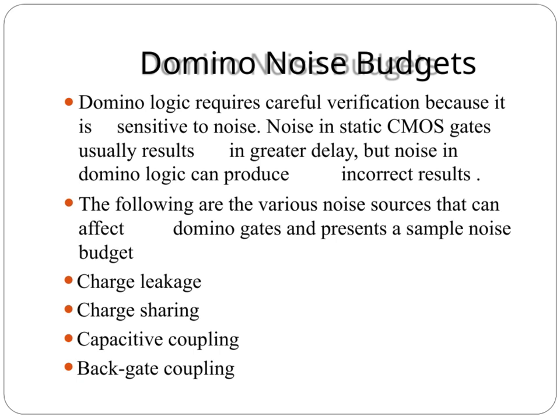Then there's charge sharing, which involves unwanted redistribution of charge between nodes. Capacitive coupling is another factor, where interference occurs due to capacitors coupling signals between adjacent lines. Lastly, backgate coupling can induce noise through the substrate or well. Understanding and budgeting for these noise sources helps us design more reliable domino circuits.